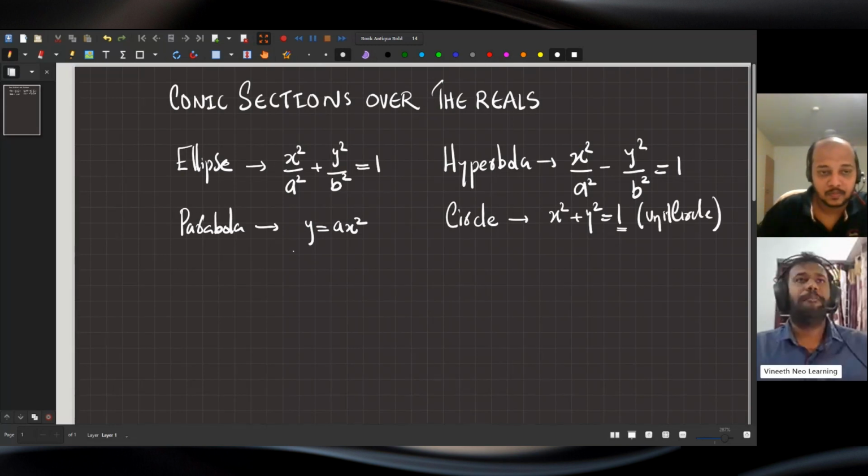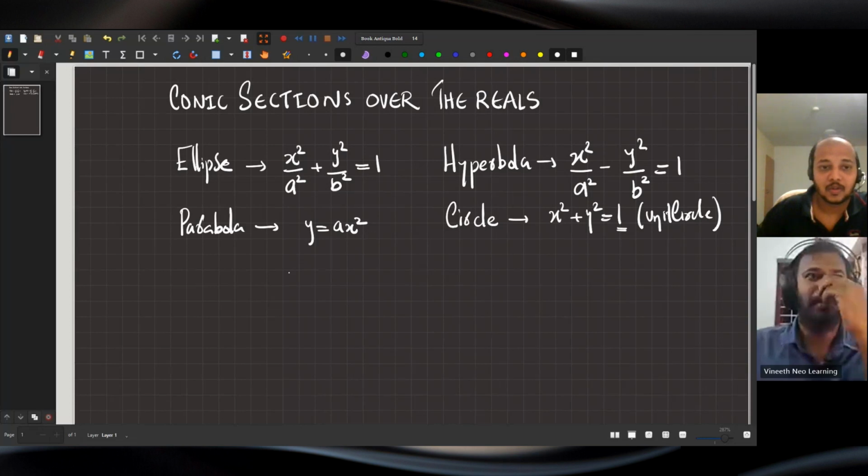If you observe all these equations, you can see the pattern, right? All these variables have the power 2, so the maximum power of the variable in all of these equations is 2. Why is that? That is because all of these equations are particular cases of a general quadratic equation in two variables.